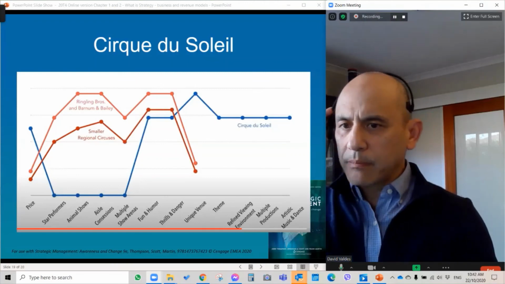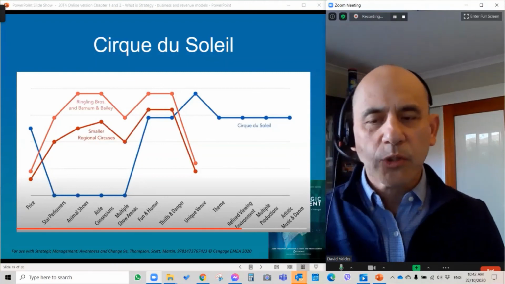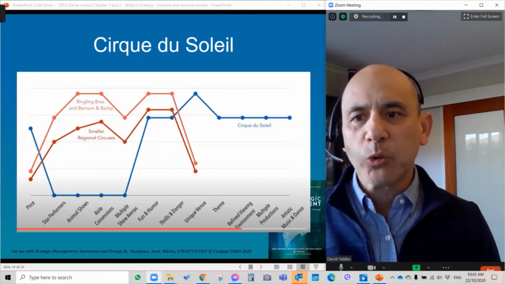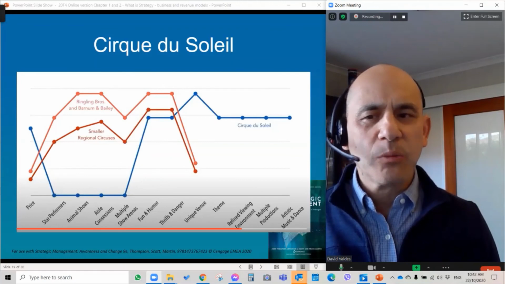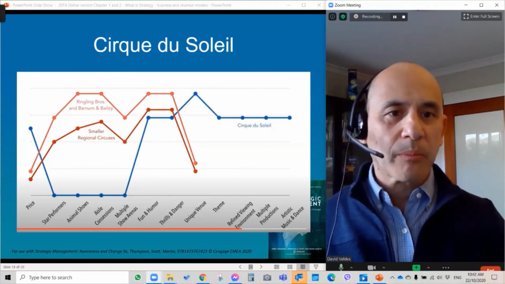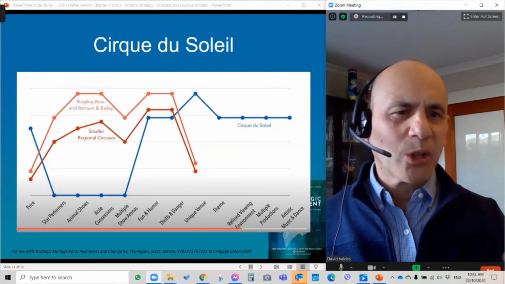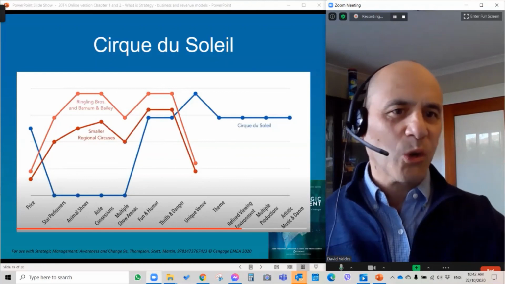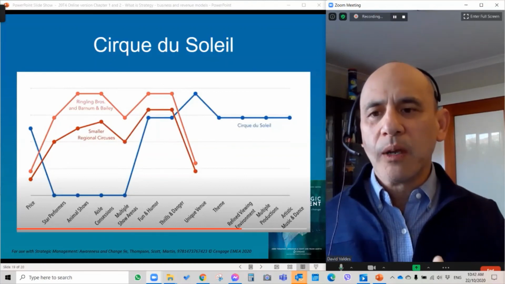So a really important part of Cirque du Soleil's business model is the fact that they don't have any animal shows. And you might say that could be a disadvantage. But given their target market, which are adults, the adults actually don't see much value in seeing animals because they can always view that in the zoo.